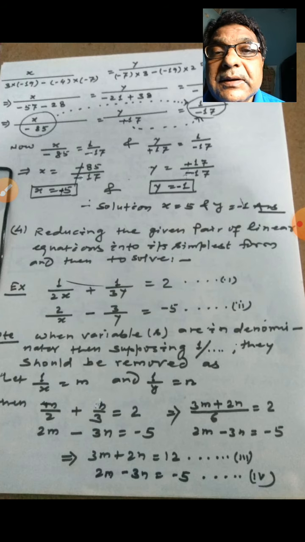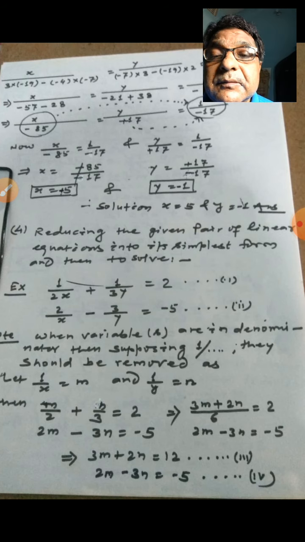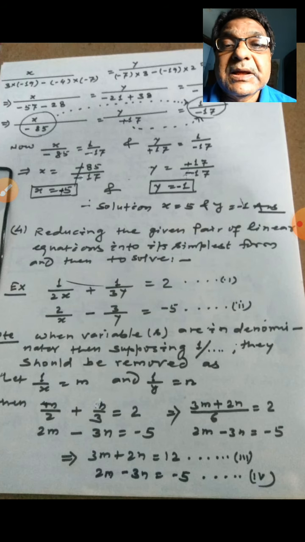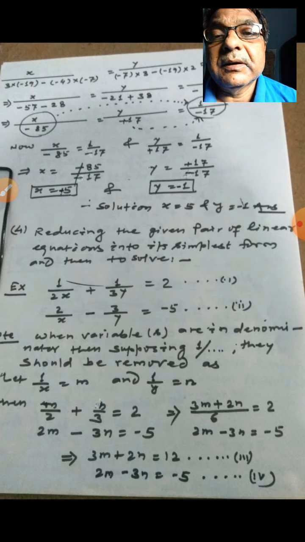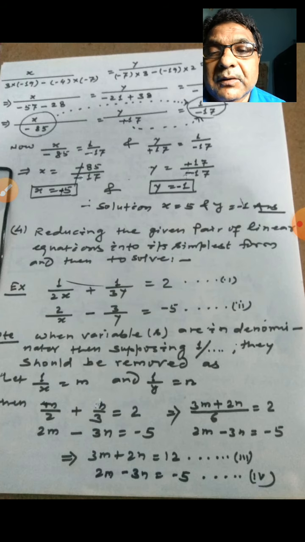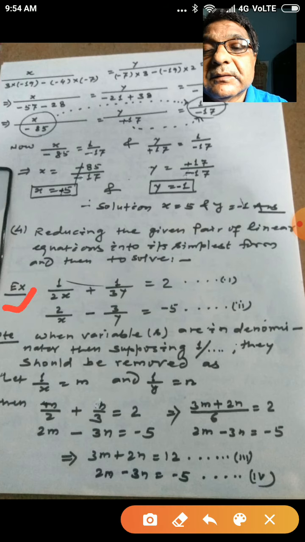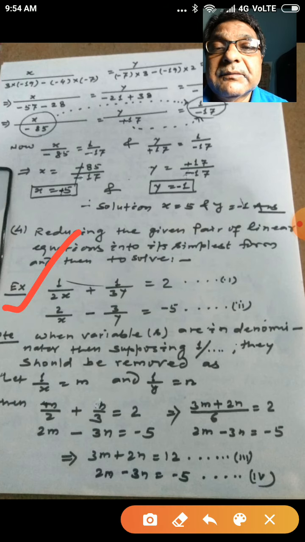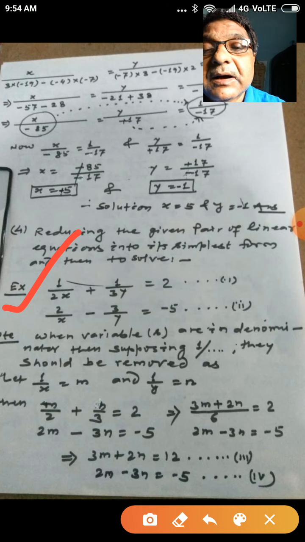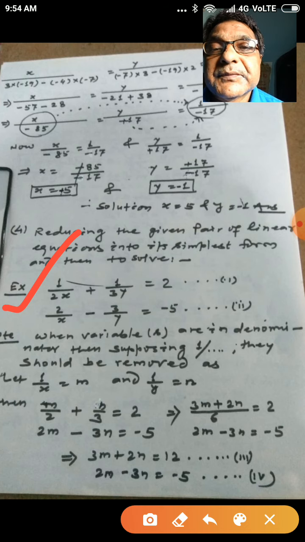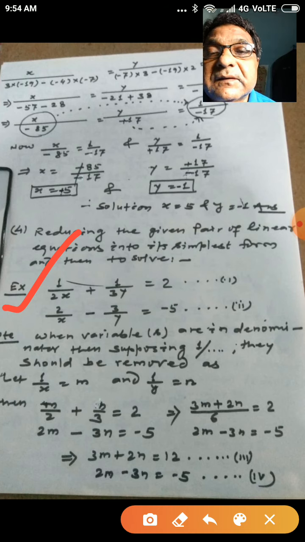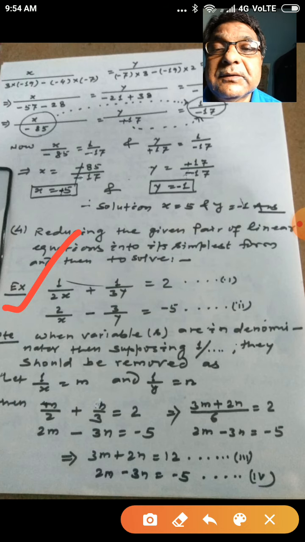So actually, the equation given here is not in the proper linear equation form. Just observe here, the question is given where the variables are in the denominator. So that is actually the complexity in this question. So first we will reduce it into the simplest form of the pair of equations.